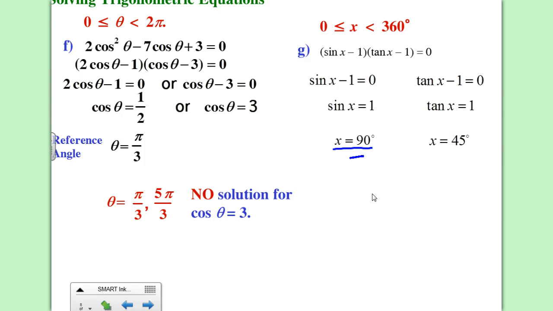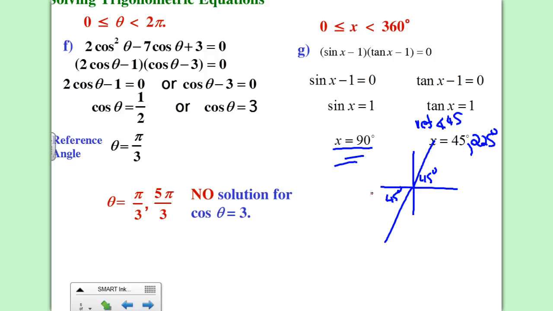My reference angle is 45 degrees, but I would put it in quadrants where tangent's positive, which is here as well as here. So x equals 45, but it also equals 225. So there are 2 places between 0 and 360 where tangent equals 1. Okay?